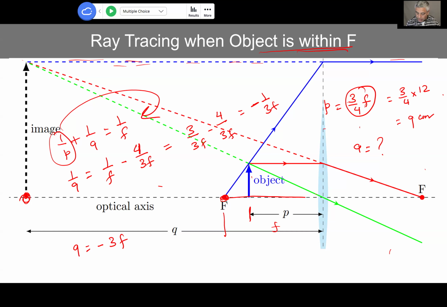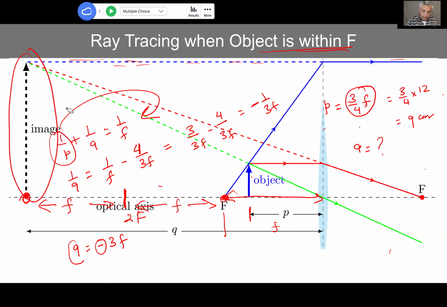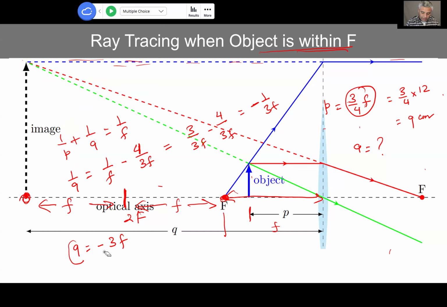So see here, this is F. So looks like this is 2 times F. I'm just eyeballing them. So looks like this is another F, and that is another F. So what does this negative mean? When we have a negative value, that means this is virtual, and that also means it is upright. So magnification is also 3 times here. The formula for the magnification is negative Q over P. So in this case, what happens?